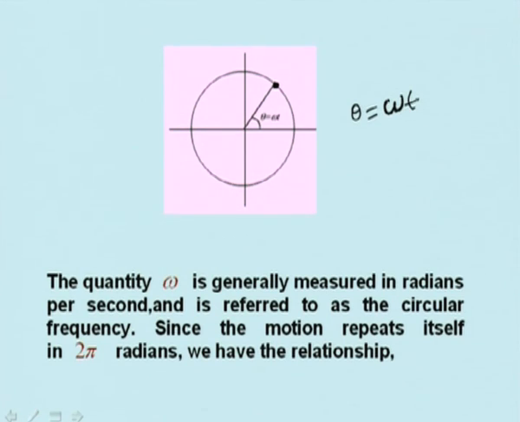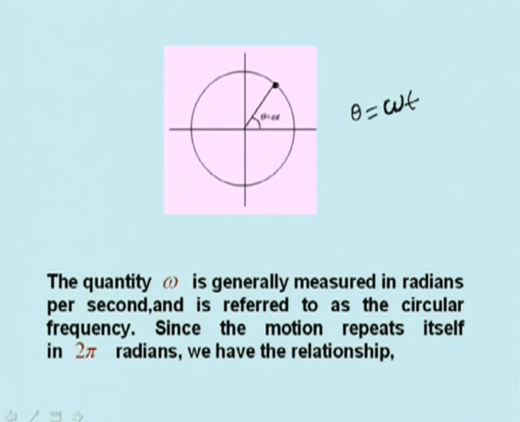Why is theta equal to omega t? Because it is moving with a uniform velocity. So between any two equal time intervals, the displacement should be the same. So omega must be some constant. So theta is equal to some constant times time.